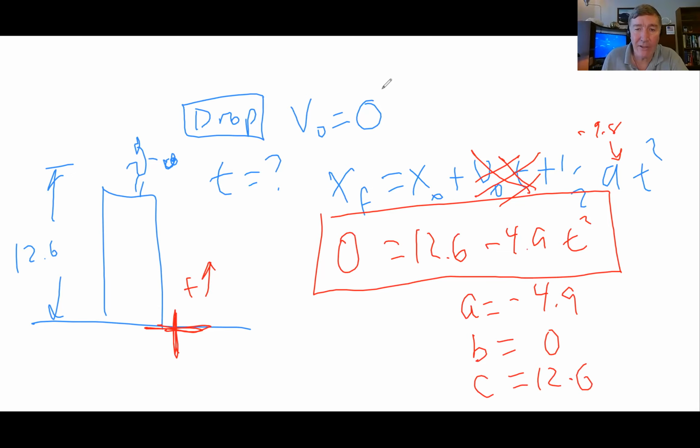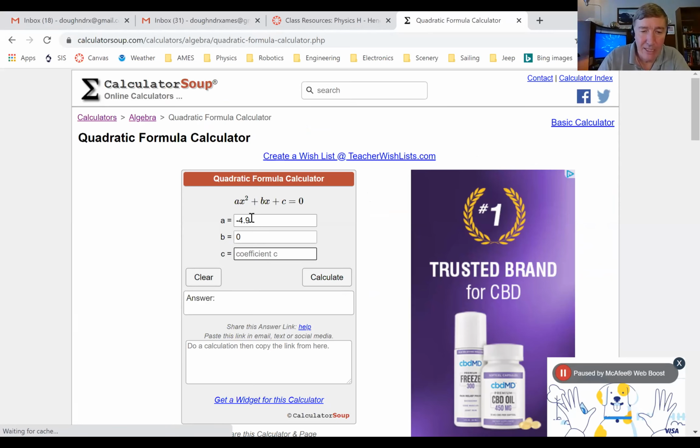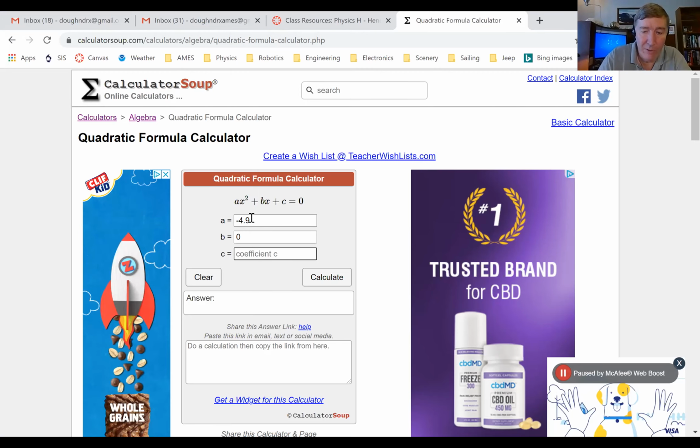I could go back to my other screen, and so I can put in negative 4.9. And now B is going to be 0 because we dropped the rock rather than threw the rock. And C is going to be 12.6.